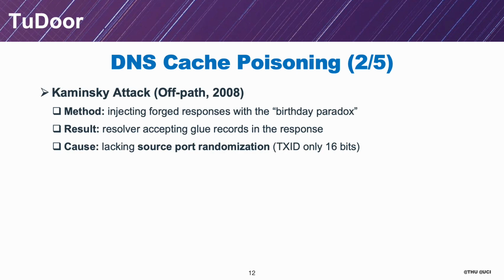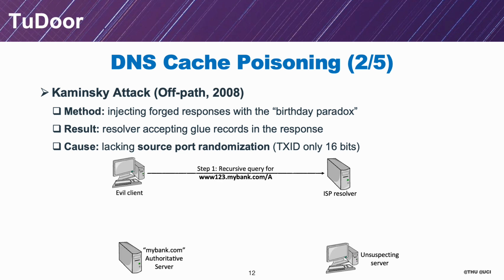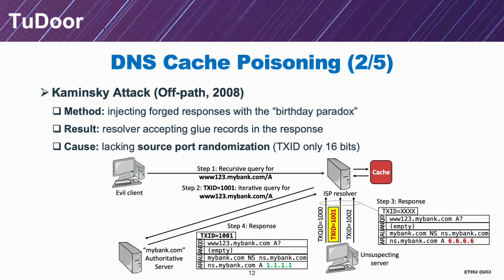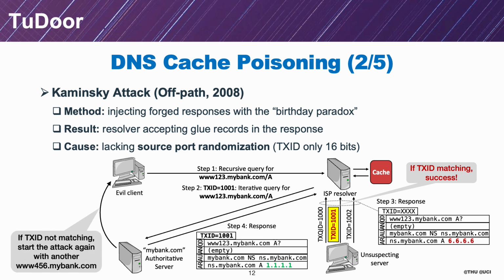The second one is the famous off-path Kaminsky attack. Kaminsky tries to inject forged responses with a birthday paradox. After the target resolver sends out the query, the attacker sends multiple forged DNS responses to it before the legal response. Each response has a different TXID. If the TXID matches, the attack succeeds. Otherwise, the attacker sends the attack again with another subdomain and does the same work.